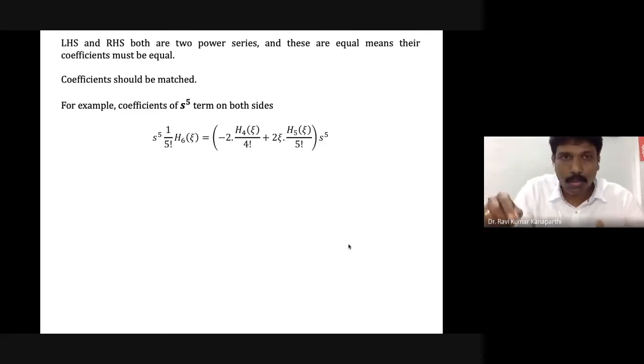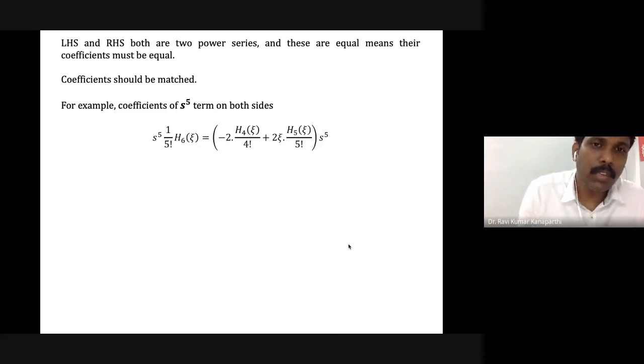Therefore n is equal to 6 needs to be substituted. Then we get s to the power 5 by 5 factorial, because it is s to the power n minus 1 by n minus 1 factorial, and then h6 of z. That is what we have on the left hand side.